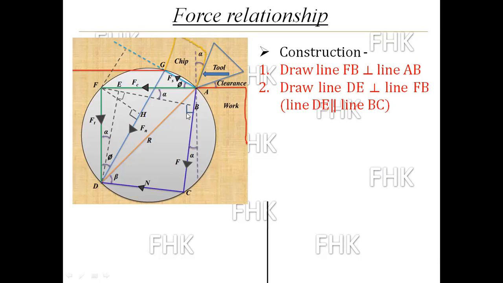I will do that construction, and I know the value of Fc, I know the value of Ft, I know the value of alpha, and I know the value of phi. From this I will find the forces F, Fs and Fn in terms of Fc and Ft only.